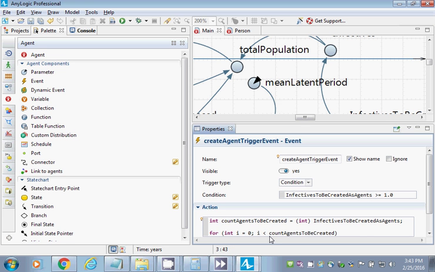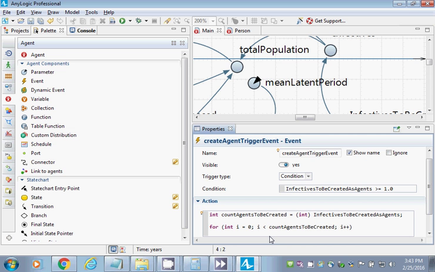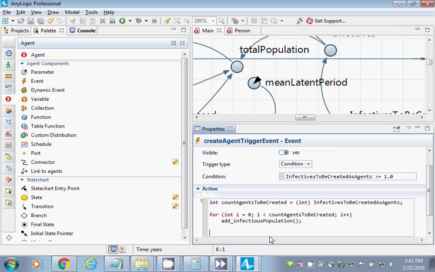I create that many and say, okay, I've created them, so we don't need to think we're waiting to create them anymore. There's some people left over. Maybe there's 0.3 agents left to create, but those will have to wait till later when the total count to be created is greater than 1, and then I restart the event.